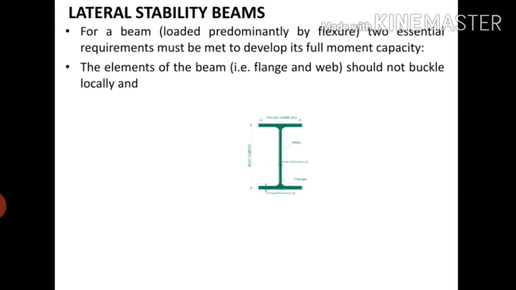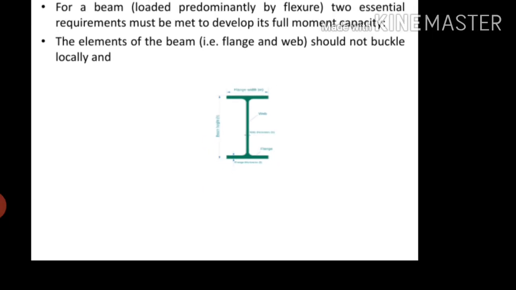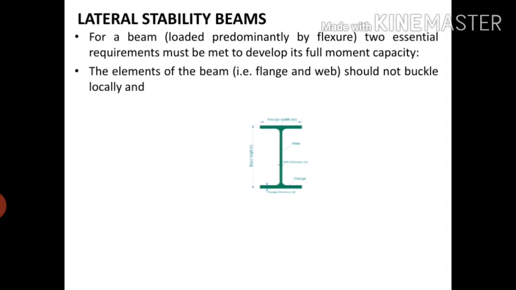So this is the I section given. You can see here the web is marked and the flange is marked. If this member is subjected to loading, then it has to satisfy two essential conditions for its full moment capacity.